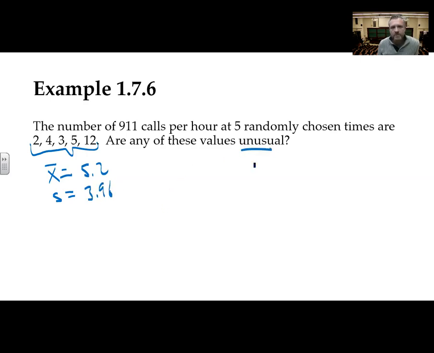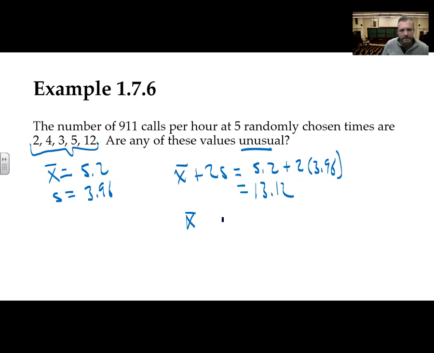All right, so unusual values. Essentially, I want x bar plus 2 standard deviations. So 5.2 plus 2 times 3.96, which equals 13.12.